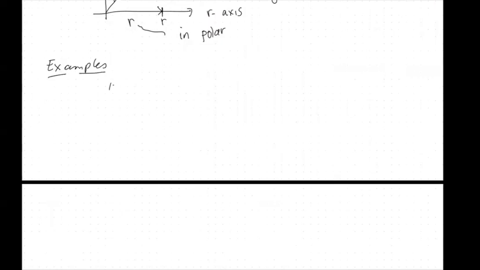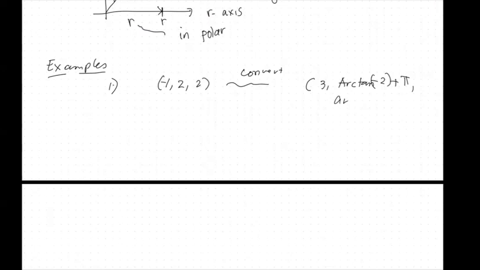Here the point (-1, 2, 2) can be converted to spherical coordinates (3, arctan(-2) + pi, arccos(2/3)), because here rho is equal to the square root of (-1) squared plus 2 squared plus 2 squared.